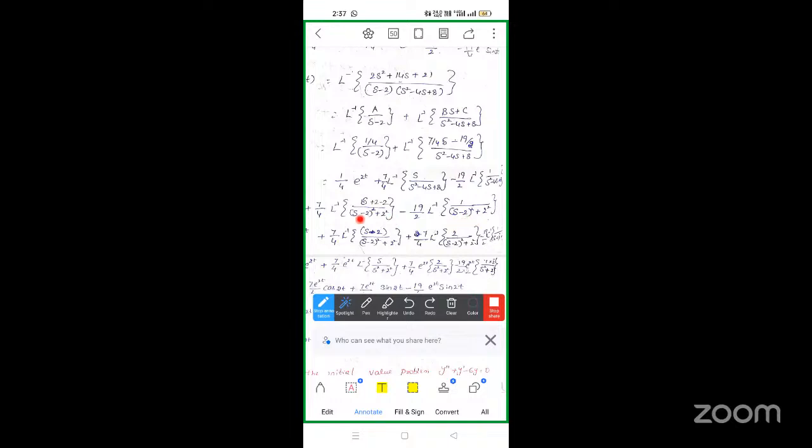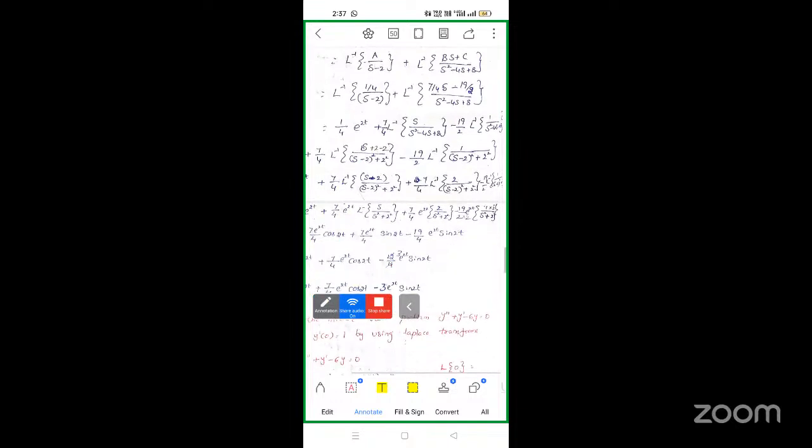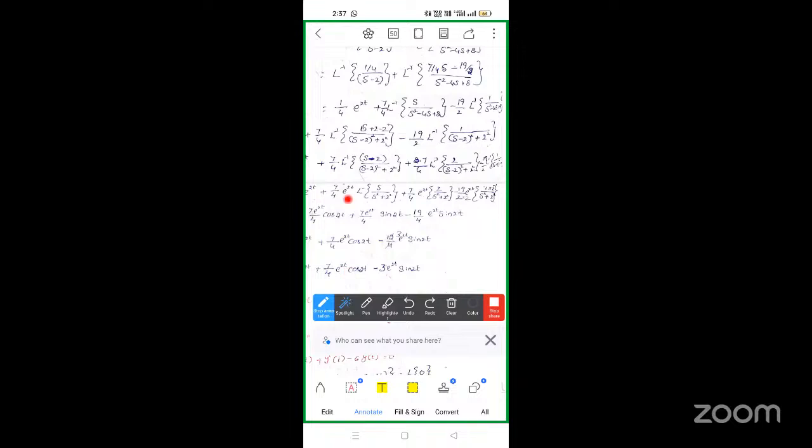So by using the first shifting theorem, 7 by 4 e power 2t L inverse of s by s square plus 2 square, minus 19 by 2 e power 2t L inverse of 1 by s square plus a square, that is 1 by s square plus 2 square.